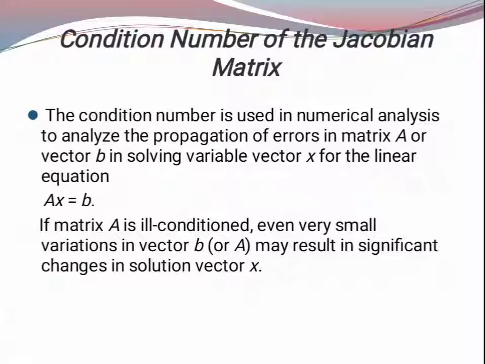If the matrix A is ill conditioned, even very small variations in vector B or A may result in significant changes in the solution vector x. For the linearized load flow equations, the condition number of the Jacobian matrix can be used to measure its conditioning, whether any small variations in vector B may result in significant changes or not.